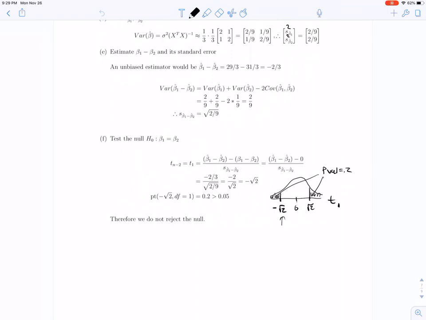So our p-value is the area to the left of minus square root of 2 and to the right of square root of 2, which has area 0.2 according to R. This is greater than 0.05, so we would not reject the null. And so indeed beta 1 and beta 2 are the same.